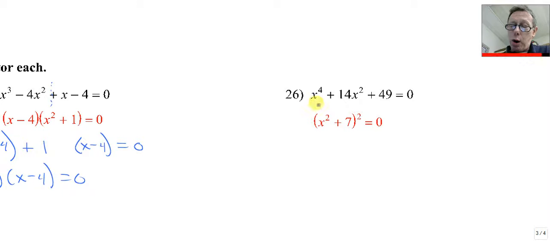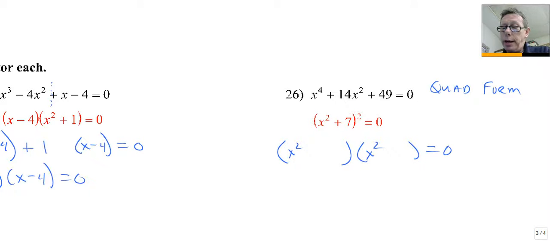Okay, the next one is also a quadratic form. The next one is a fourth power, squared, and a constant term. That's called quadratic form. And I factor it just like I do a quadratic, except that my factors are going to be x squared factors, and I may have to factor those again. Okay, so it doesn't have a coefficient in front of the x to the fourth term, so maybe this is simple factoring.